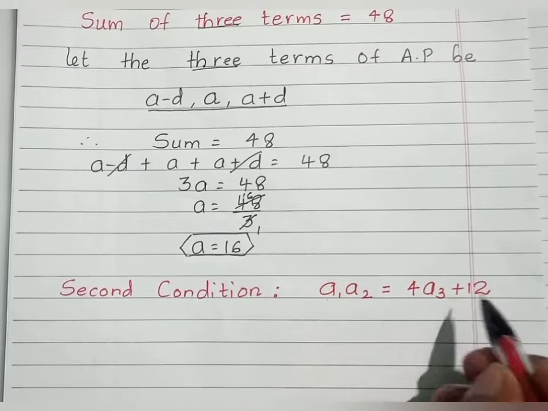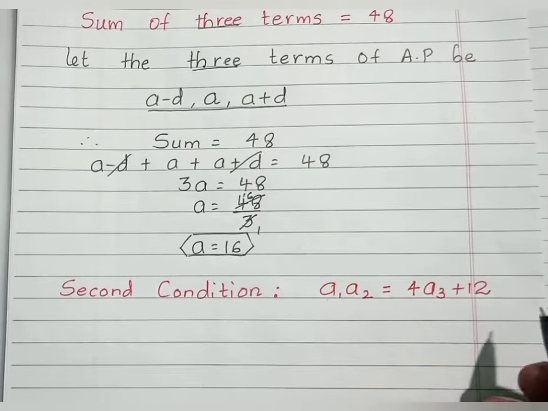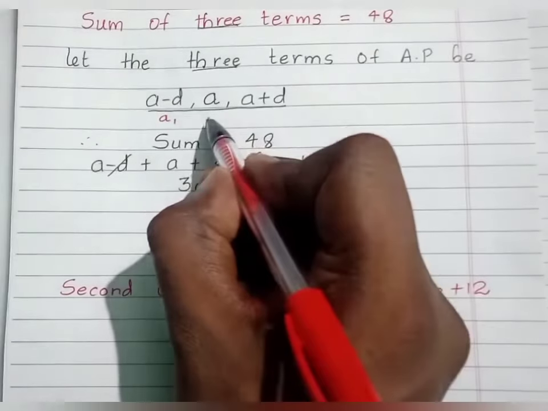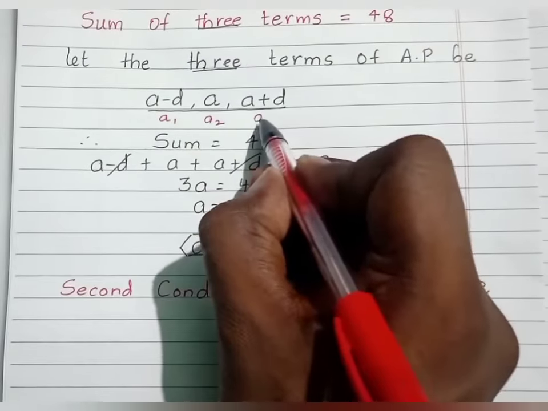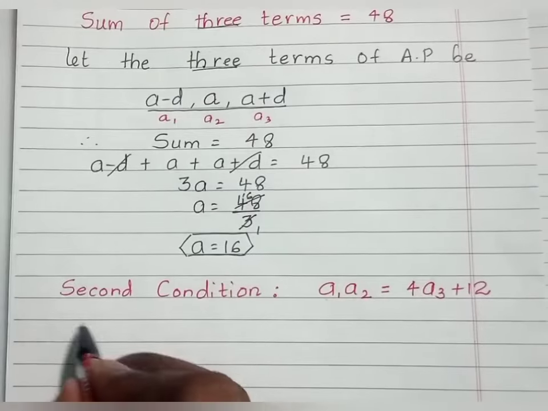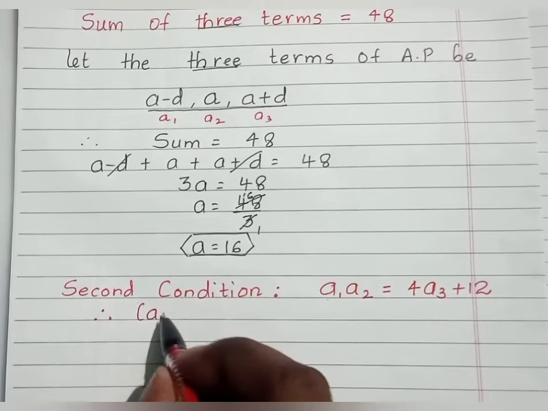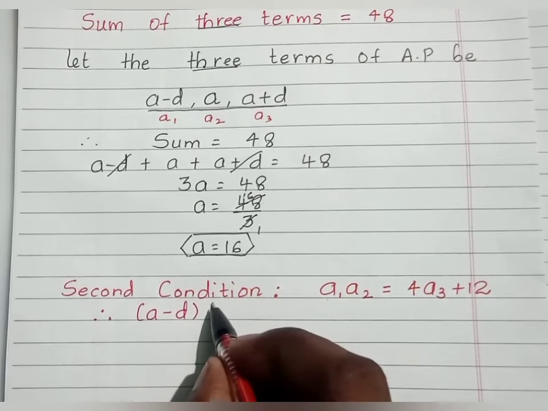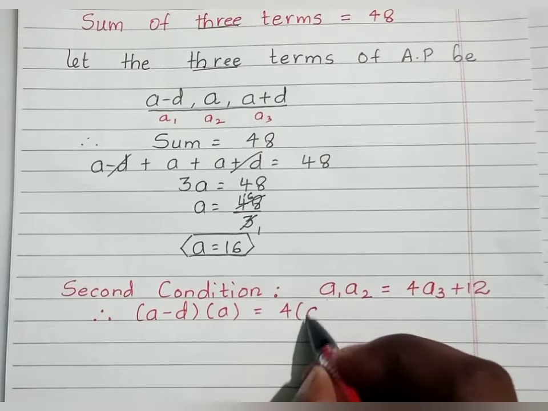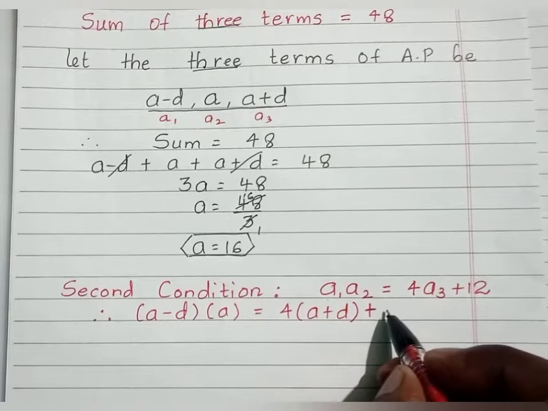So product of first two terms equals 4 times the third term plus 12. So first term is a minus d, second term is a, third term is a plus d. Now substitute this. So a1 is a minus d, a2 is a, equals 4 times a3, which is a plus d, plus 12.